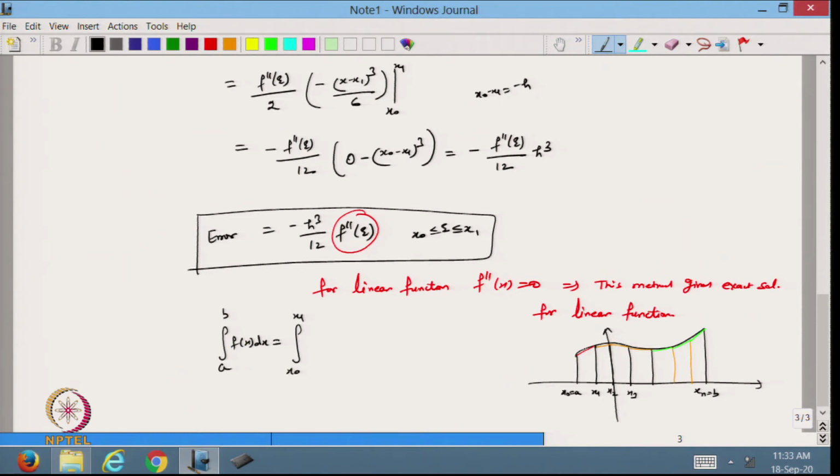So I can write this area as the integral of f x dx from x0 to x1, plus x1 to x2 of f x dx, and so on up to x n minus 1 to x n of f x dx.